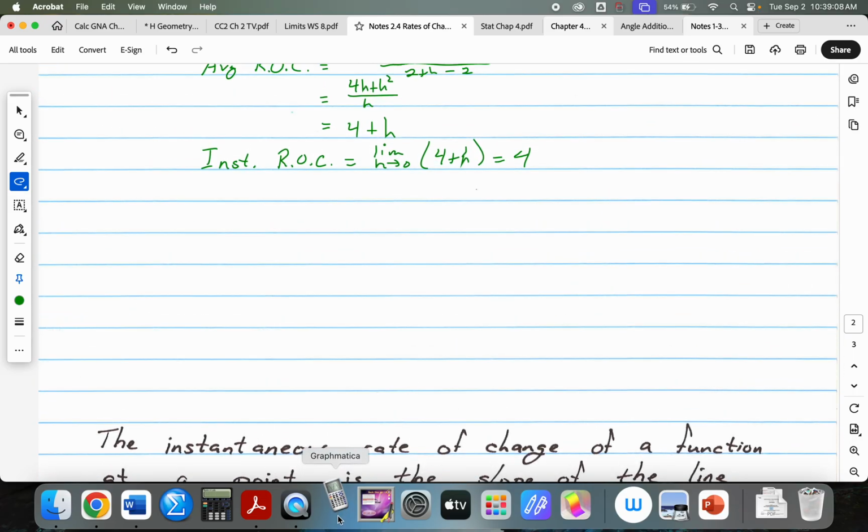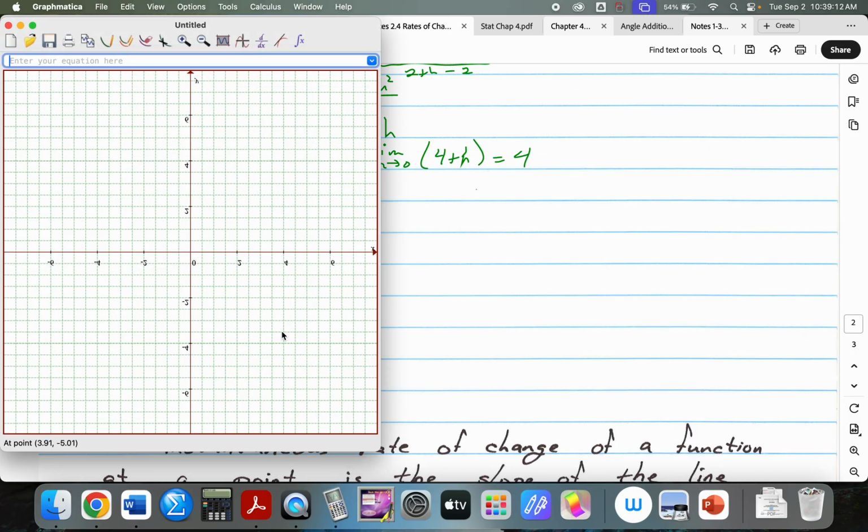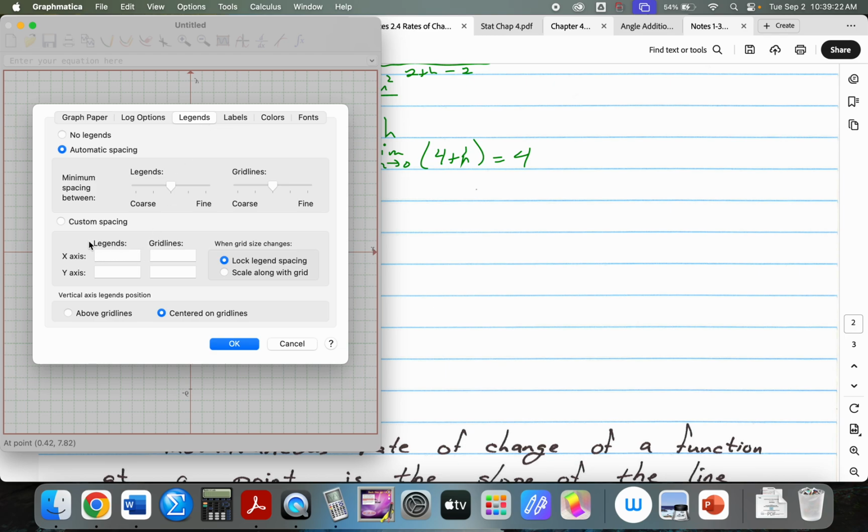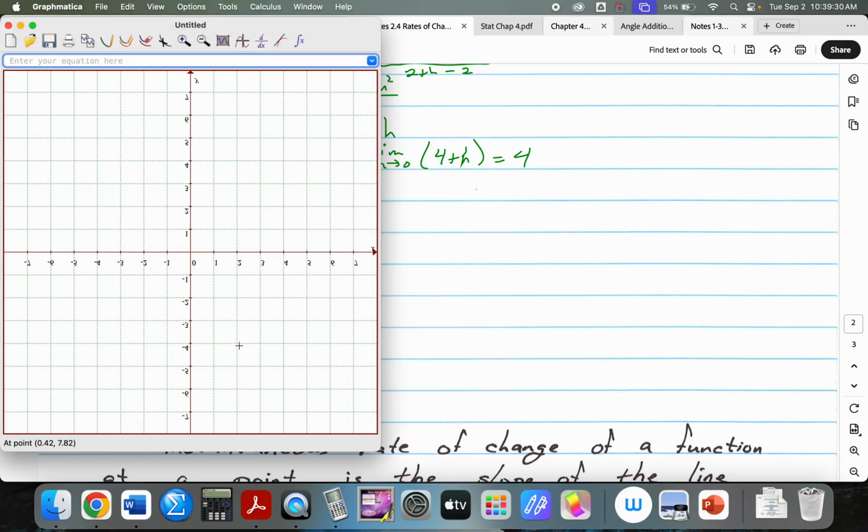If I graph, and let me change this just a little bit, I think, so that it's a little easier. And let's graph y equals x squared.